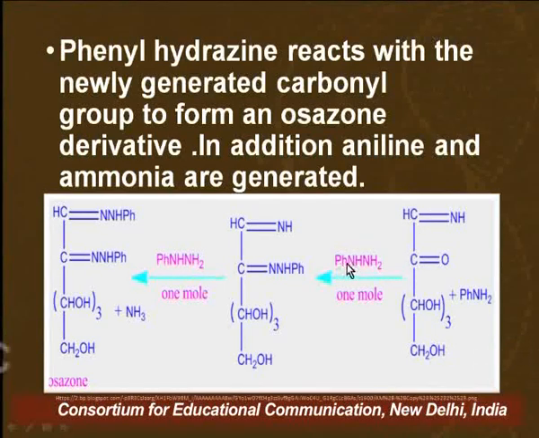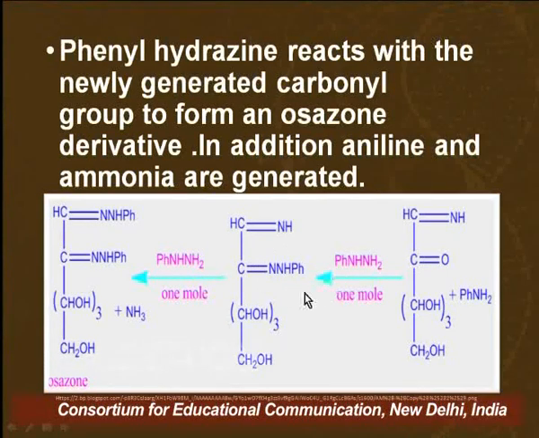Now what happens when we treat this molecule? It will react with the second molecule of phenyl hydrazine, and again a condensation reaction takes place, H2 and this oxygen are eliminated, and we get another group here.